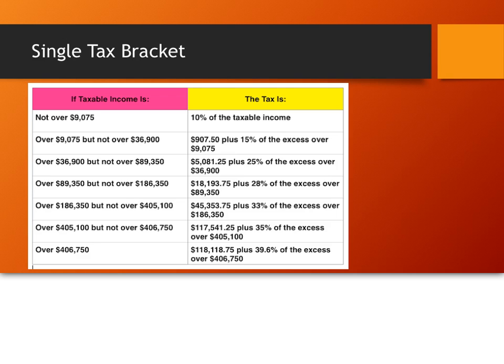But again, as you get higher, the multipliers get higher up until you get to 39.6%. However, that 39.6% is only the percentage you pay in taxes over $406,000. Okay? So that's how the tax bracket works. And we're going to calculate some taxes here in just a second.